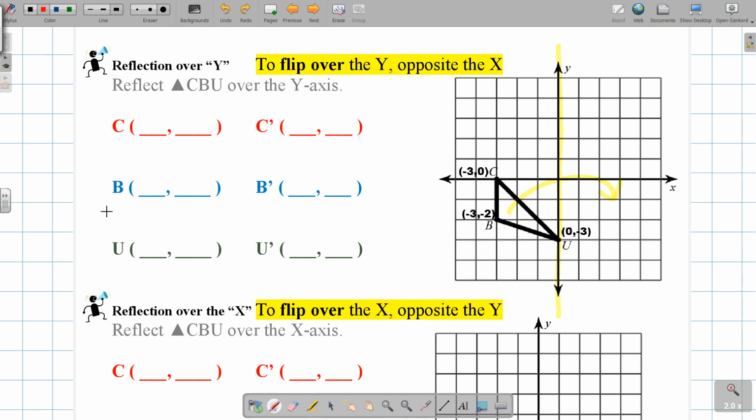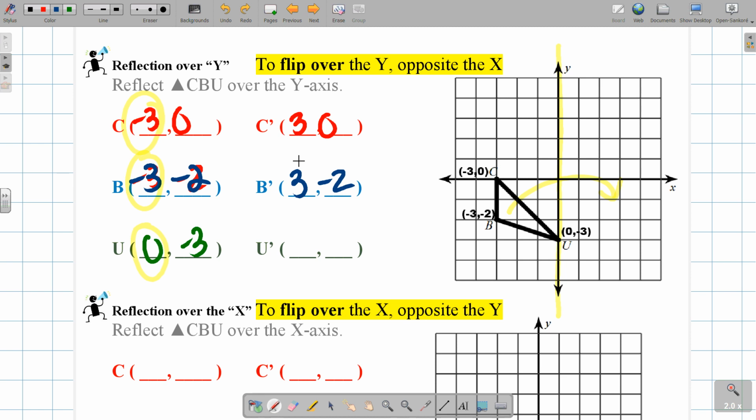We get those three coordinates. And you can see here we're changing a horizontal motion. So to flip over the y, you're going to opposite the x coordinate. Only the x coordinate. If it's 0, of course, you can't do anything with that.